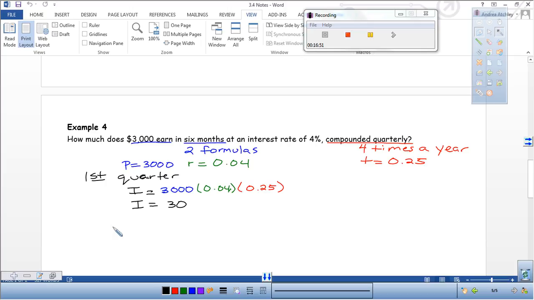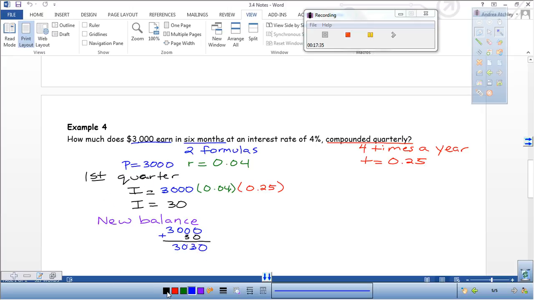Then we have to add that. So now I define a new principal, or new balance. We're going to take the 3,000 and add the 30, and that gives me 3,030.